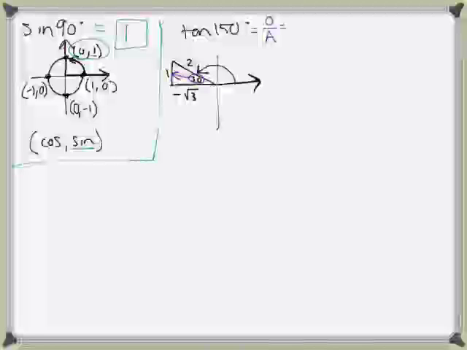And adjacent means next to, so what is next to that 30? The negative square root of 3. The 2 is the hypotenuse, so we don't want to use that as part of our answer. So that's our answer, and this is how I would know that you've done it by hand and not in the calculator, because if you tried to do this on the calculator, it's going to give you a big, long, messy decimal, because the square root of 3 is not a pretty number.